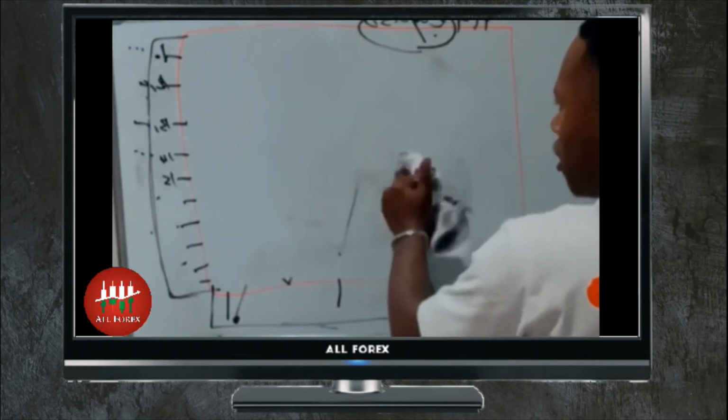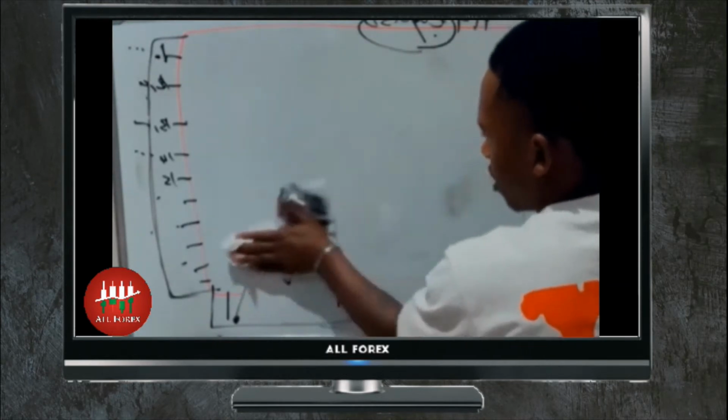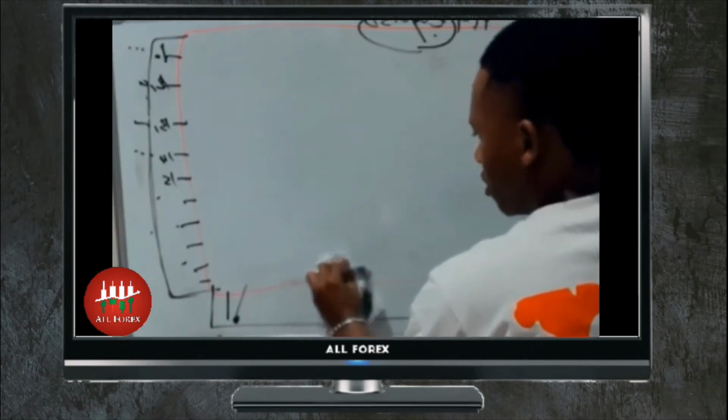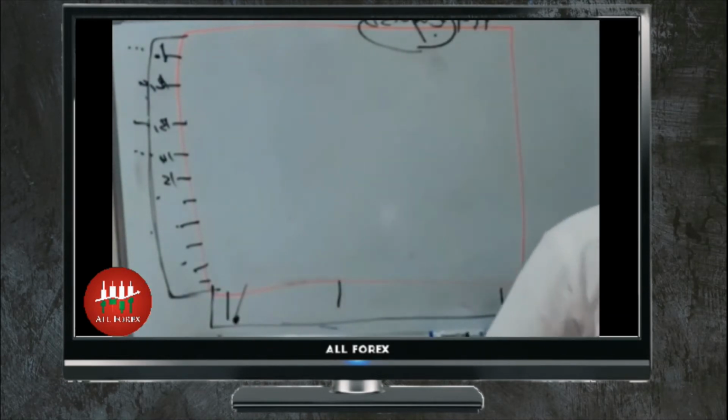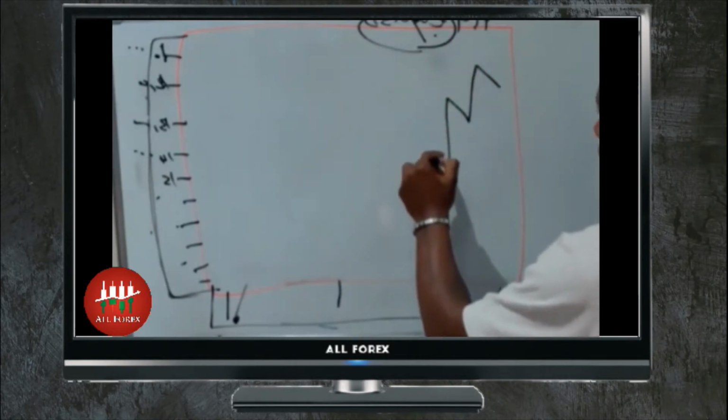There we go. So EURUSD, for example, has moved like this for the past month.